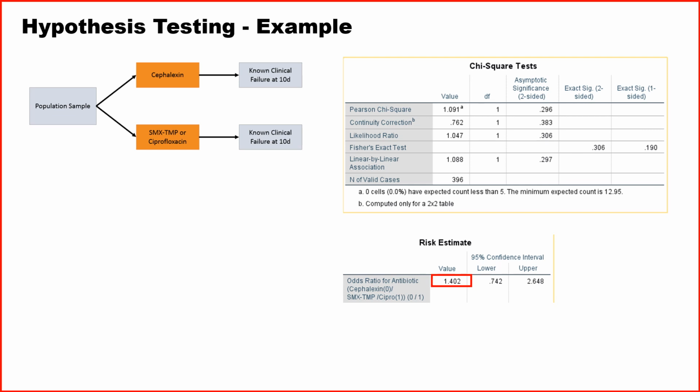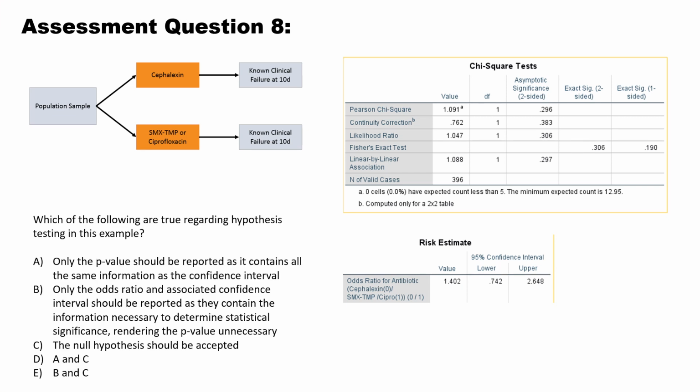So here you can see that the odds ratio is reported as 1.4. And then we have a confidence interval where our lower bound is 0.74 and our upper bound is 2.6. And so this includes the value 1, which is telling us that there is no statistically significant difference between these two groups. But it also provides us an estimate of overall effect size.